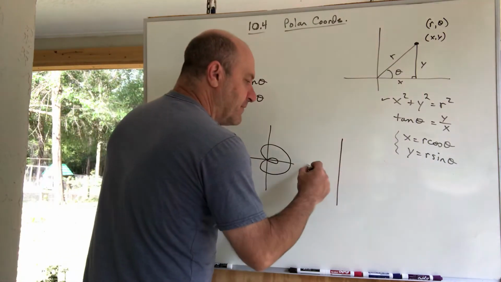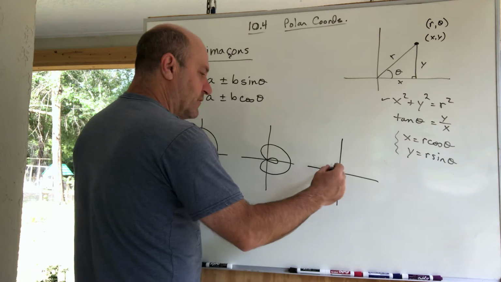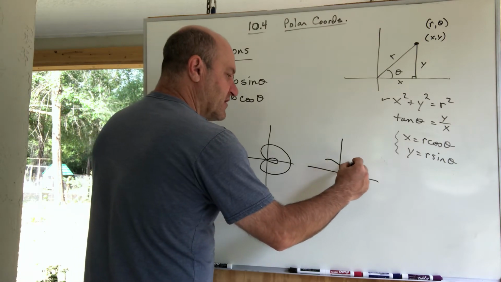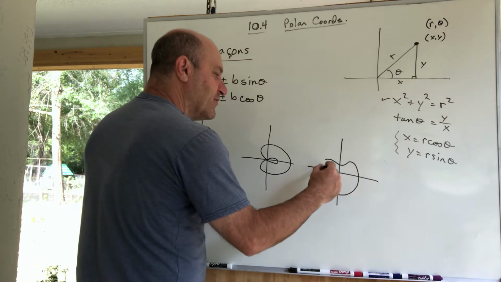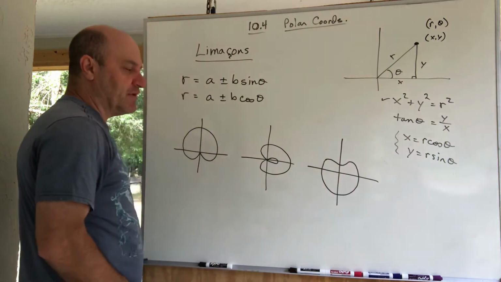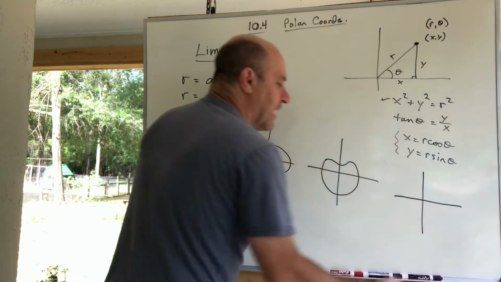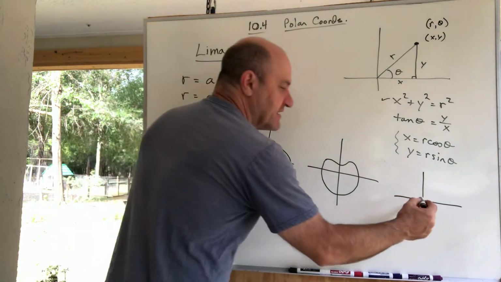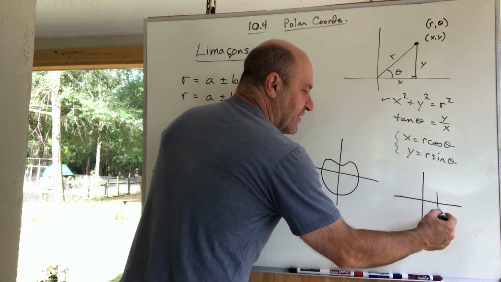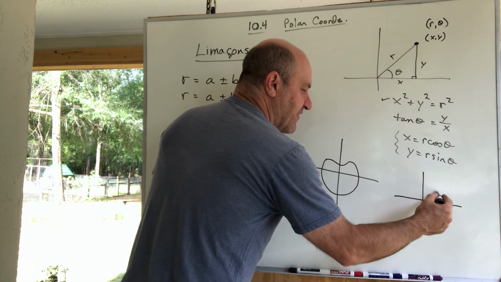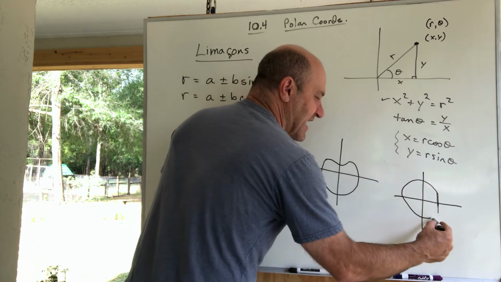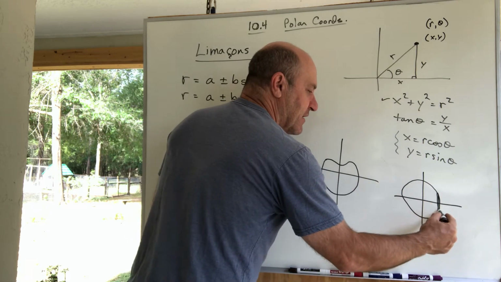There's another one. I'll do one like this. There's one that does a little dimple. The book calls it a dimpled limaçon. And there's one more. They call it convex. I'll do it over here, where it doesn't really dimple. It just sort of flattens out, probably not totally flat, but it kind of flattens out.